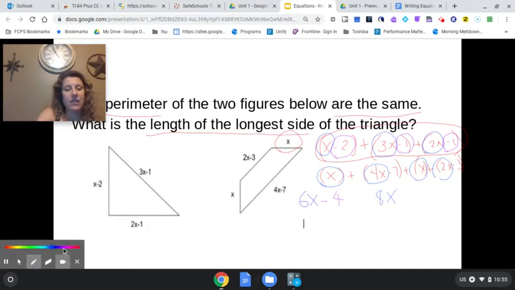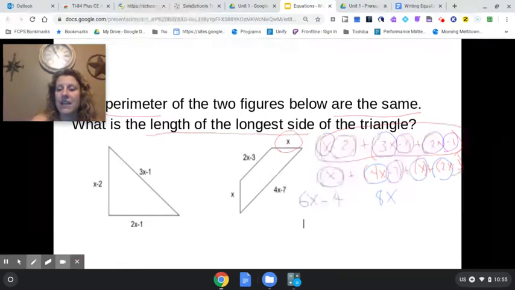And the like terms of -7 and -3. If we add those together, -7 plus -3 gives me -10. So this first expression of 6x minus 4 is representing the triangle. And the second expression, 8x minus 10, is representing the quadrilateral.